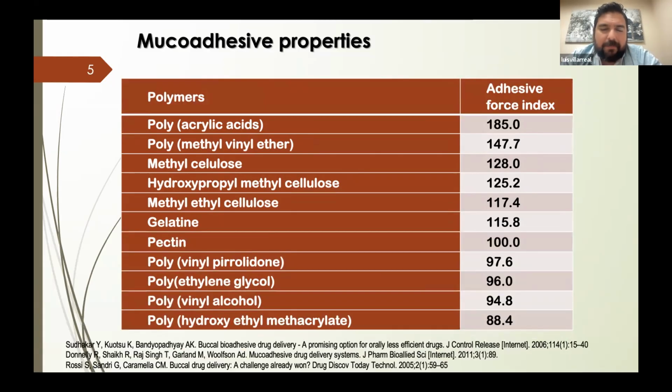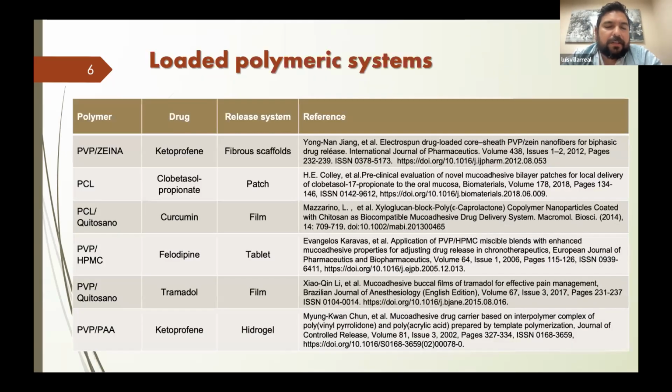You can see in this table different adhesive force index present in different synthetic polymers and natural polymers. And we use these properties to create a smart system to be attached to certain specific tissues and deliver the drug locally.